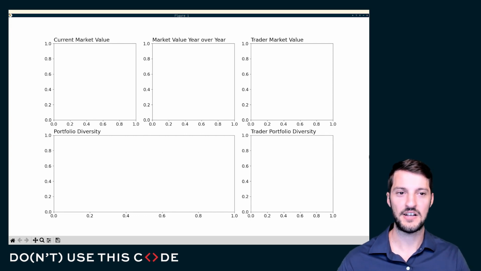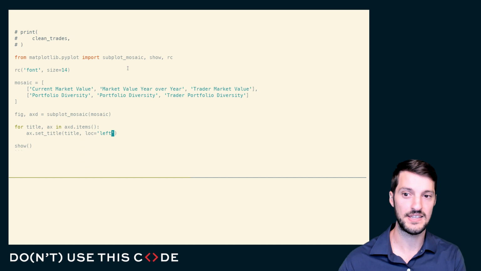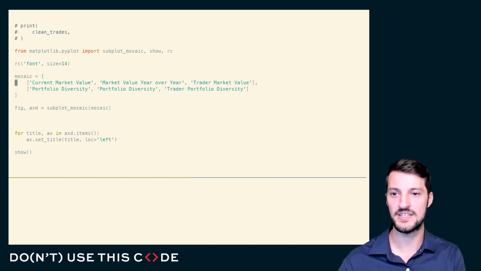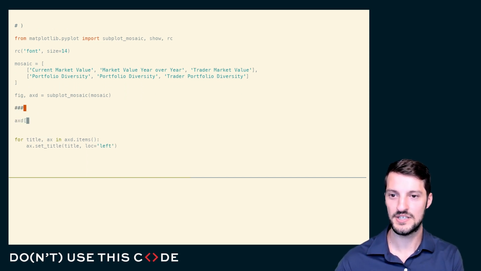Next up, let's tackle our very first plot. This one here in the top left, our current market value. So this should just be a single measure, a single value, or text label in this case, that summarizes how we are doing. So I'll just put a few lines here to separate this.